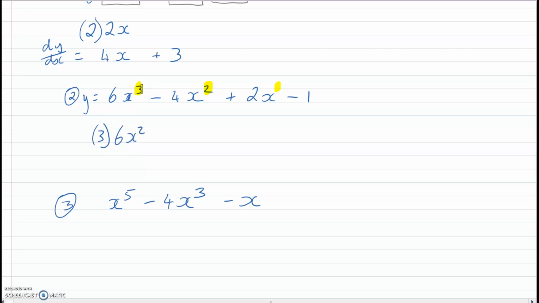So your power has gone from x to the power of 3 down to x to the power of 2. And this 3 here has come down and is now multiplied by this 6 at the start.